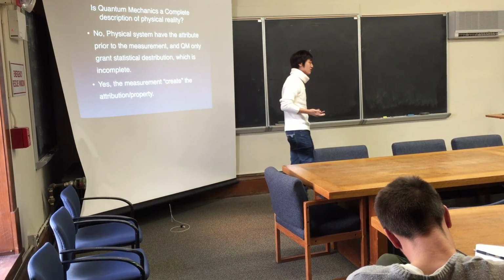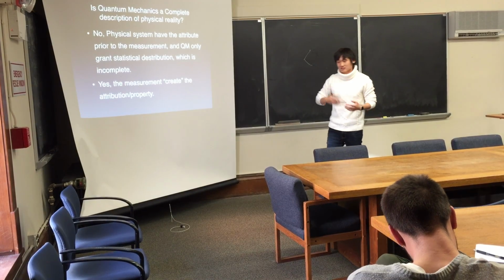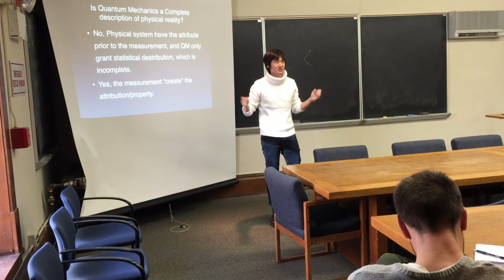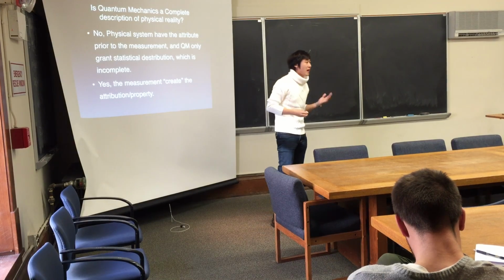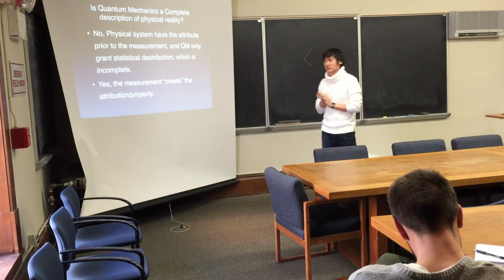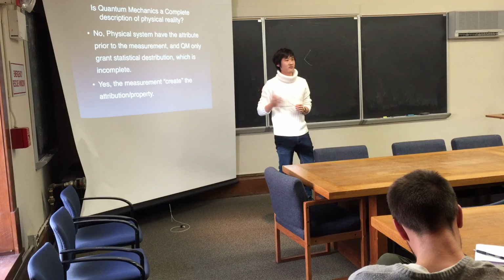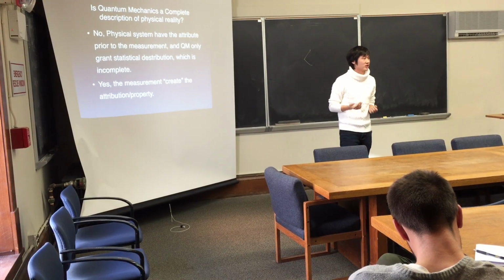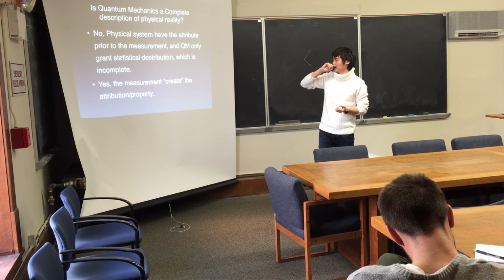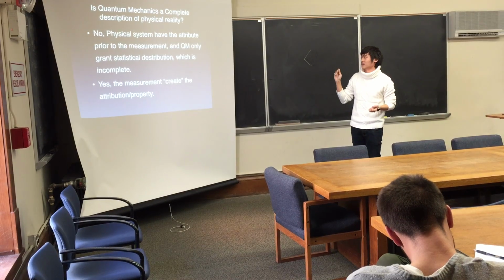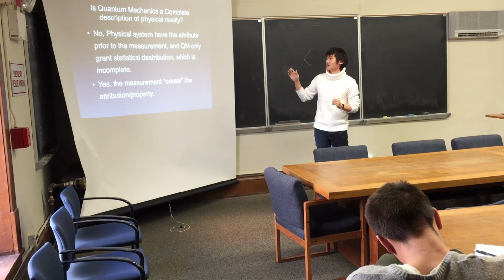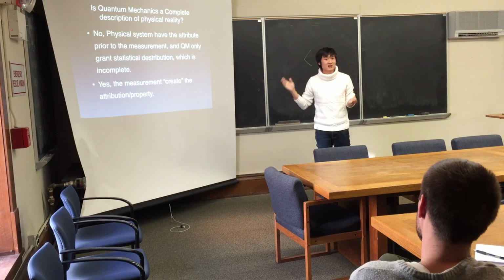Quantum mechanics is good in the sense that it can give you a statistical distribution, the probabilities of what's going to happen, but it's not good enough to give you the full picture. That's the view shared by famous physicists like Einstein, who favors it: quantum mechanics is incomplete.